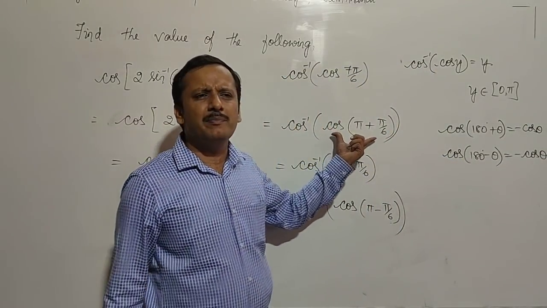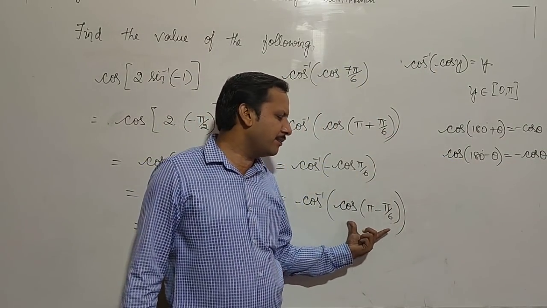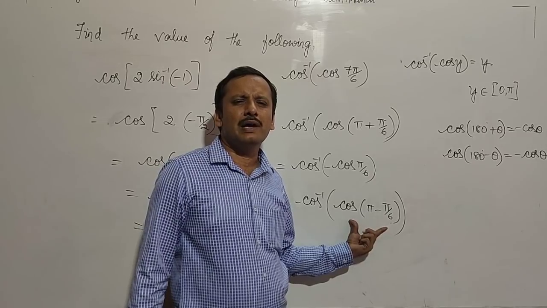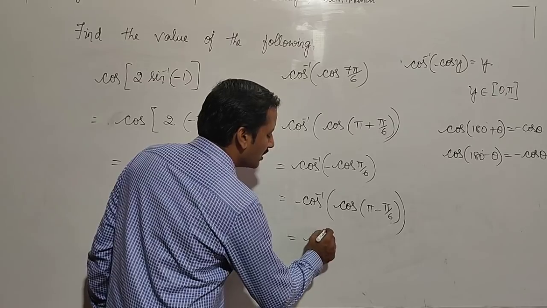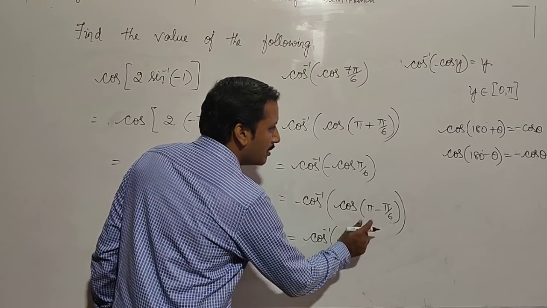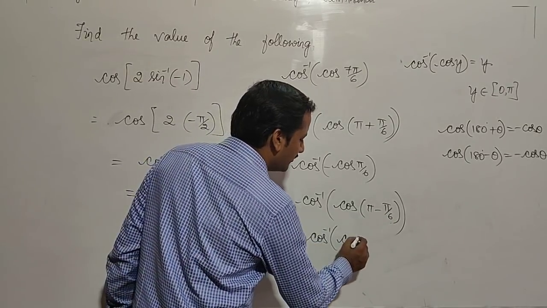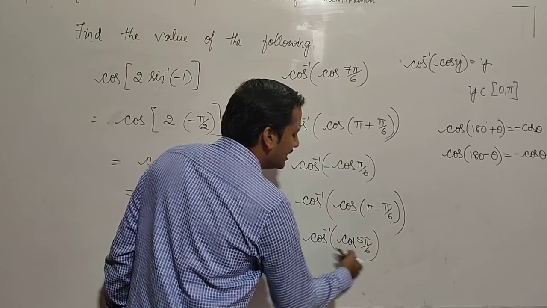Therefore, cos of pi plus pi by 6 can be replaced by cos of pi minus pi by 6. So this will give you cos inverse of cos of 5 pi by 6, since pi minus pi by 6 is 5 pi by 6.